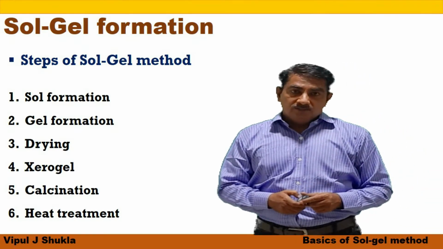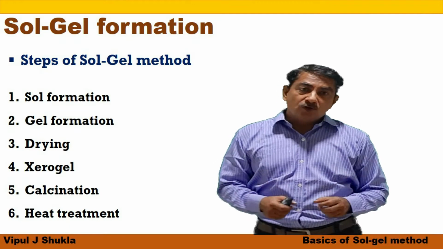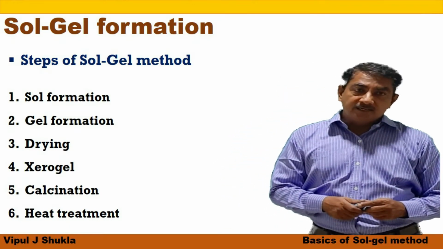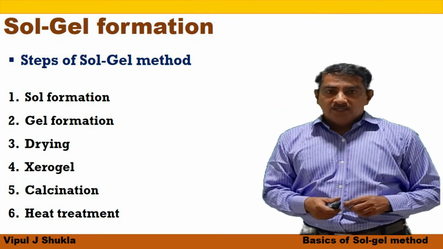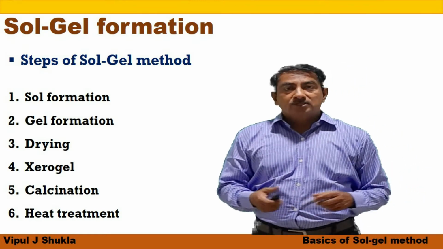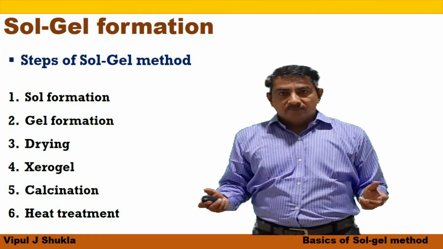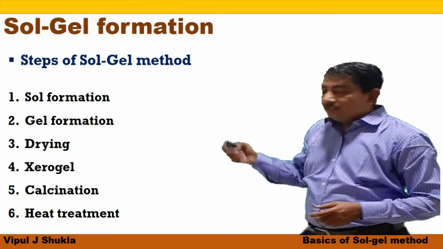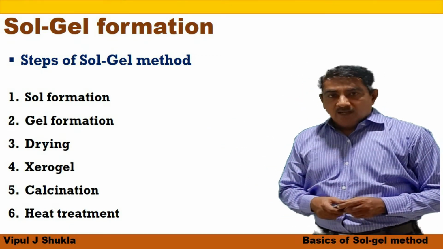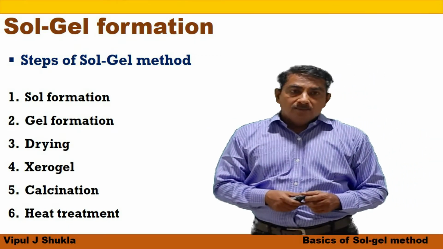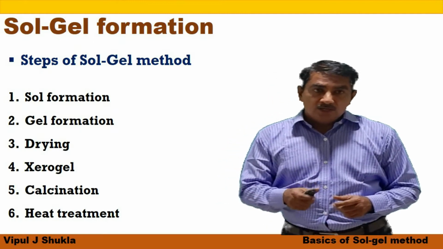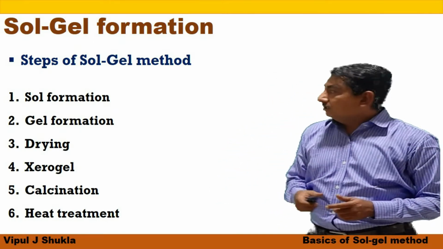In sol formation, hydrolysis of a metal organic reactant in an organic solvent results in the formation of a sol. Second, gel formation. Condensation followed by polycondensation of the sol results in the formation of the gel.